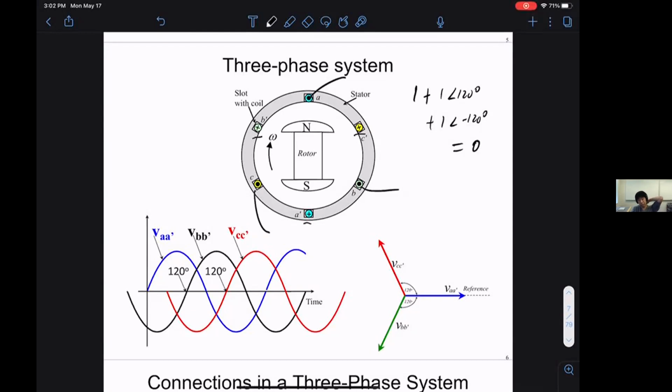We don't want 6 wires coming out of this generator because that loses the point. We want to save the number of wires, so we want a small number of wires to come out. So what do I do with this A prime, B prime, C prime? Any suggestions?